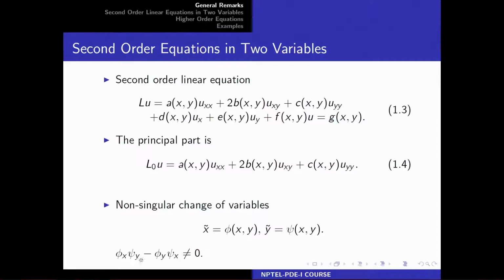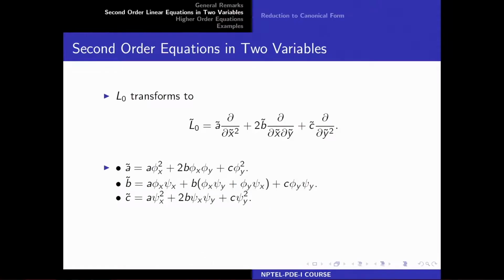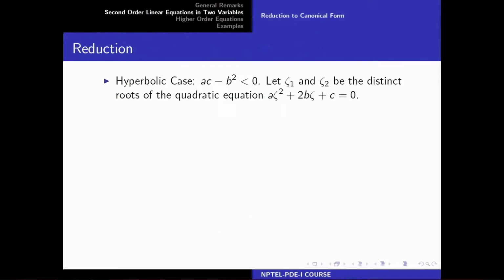So, phi x and phi y cannot be 0 simultaneously, and similarly psi x and psi y cannot be 0. Since psi x and psi y are not simultaneously 0, psi x by psi y also satisfies that quadratic equation.